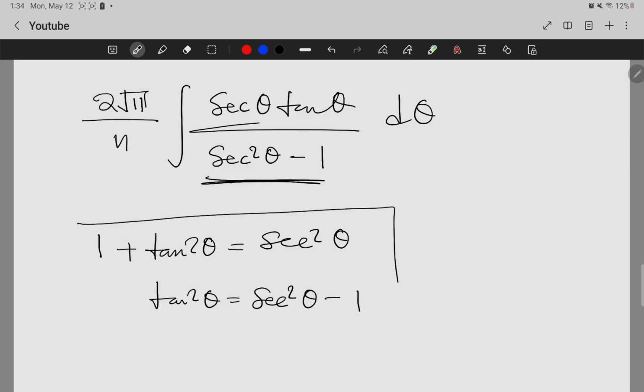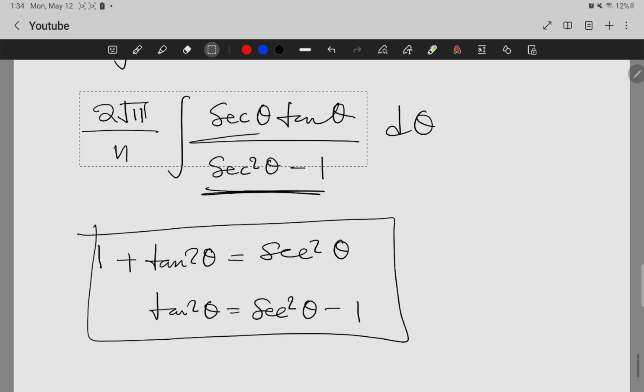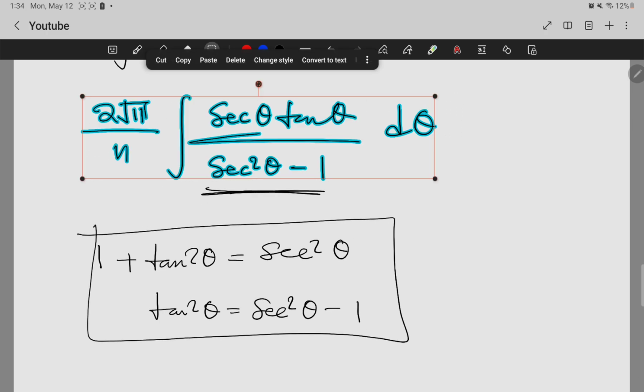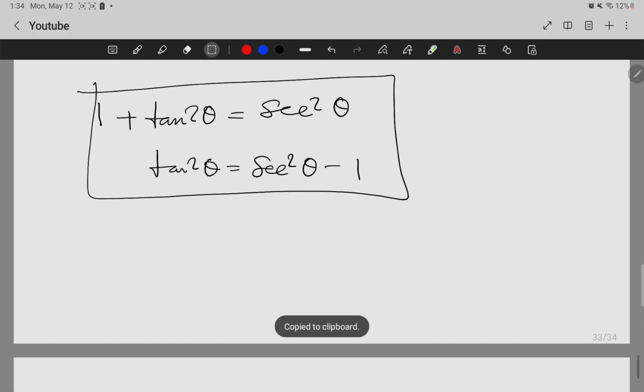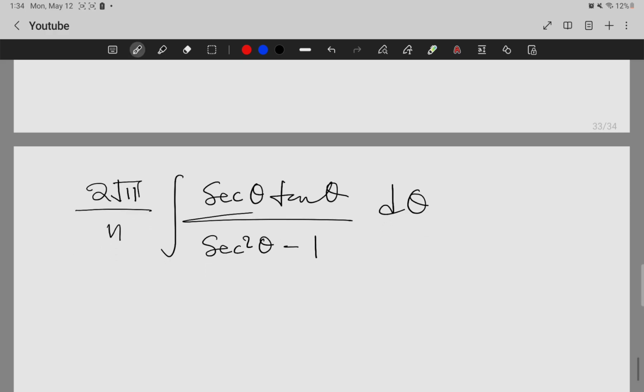So this is a trig identity. In other words, in this integral, where we have sec squared minus 1, we can just replace it with tan squared theta. So our integral now, where we have sec squared minus 1, we'll just put tan squared theta.